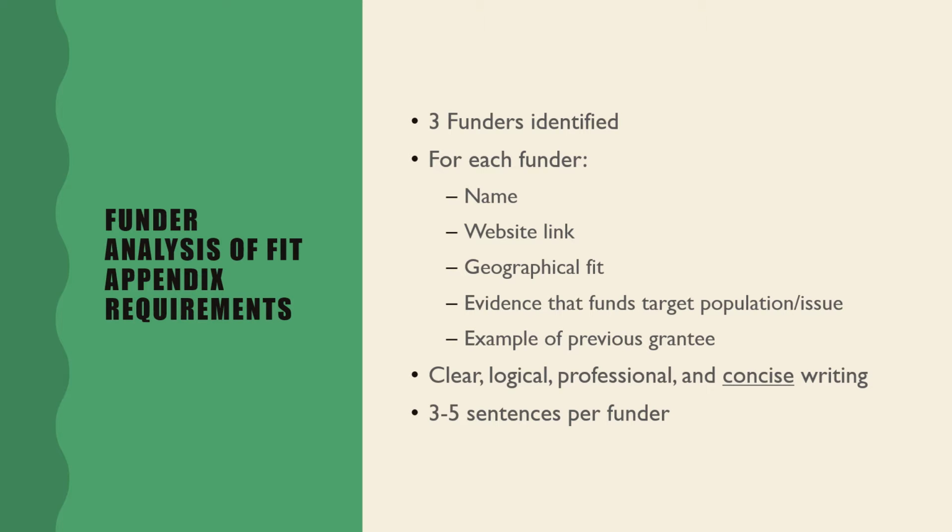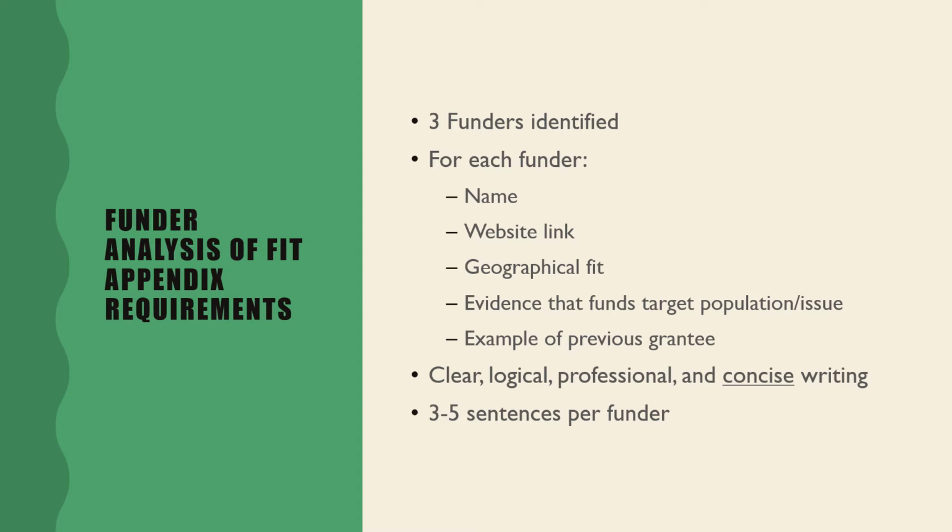So here are the requirements. Again, we're going to ask that you identify 3 potential funders that you could write your grant to, but you're going to pick one of those 3 to address in your cover letter. And for each funder, and this is in worksheet format, we're going to ask you to simply list the name, the website link, a bullet point around evidence of geographical fit.